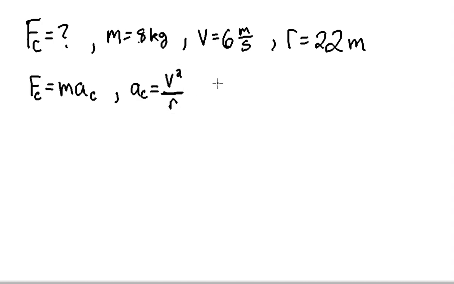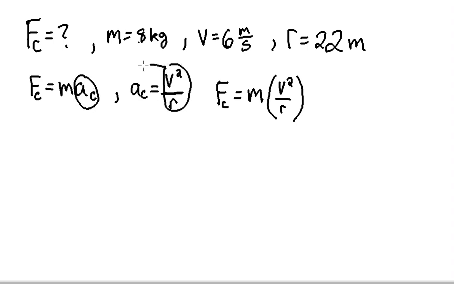So we're going to combine these two formulas. The centripetal force equals the mass multiplied by the square of the velocity divided by the radius. Okay, pretty simple. I just replaced this with what it's equal to, to give you this right here. All right, now we're just plugging numbers into a formula that we derived.